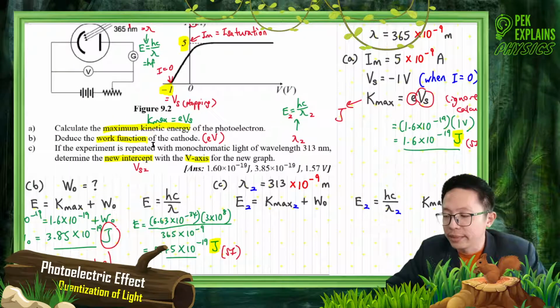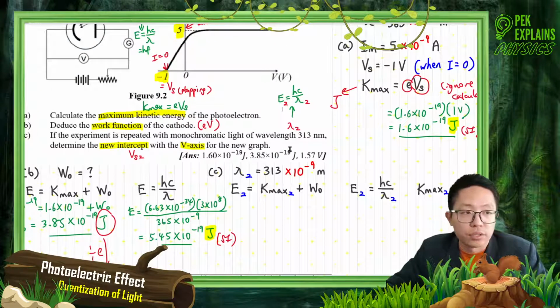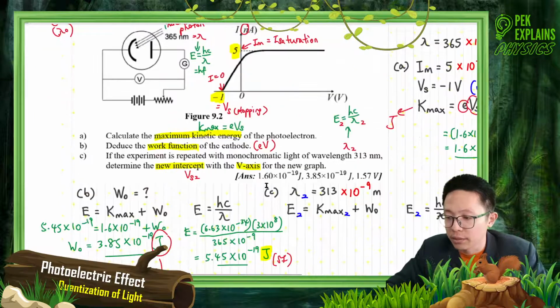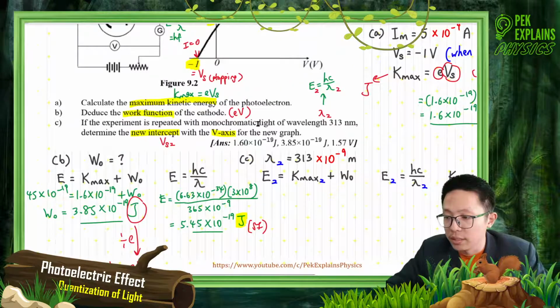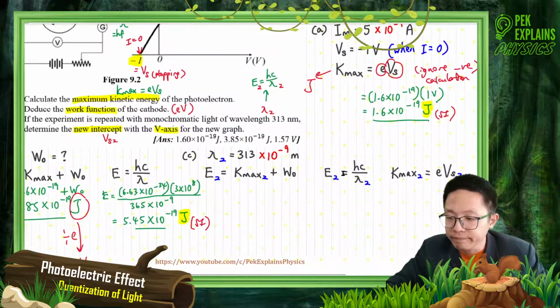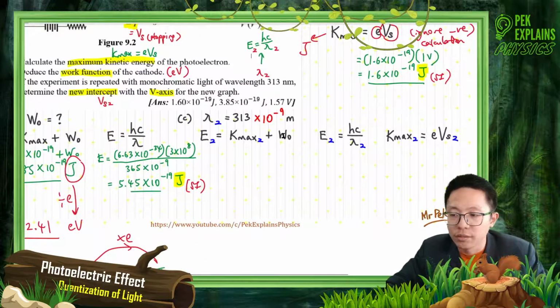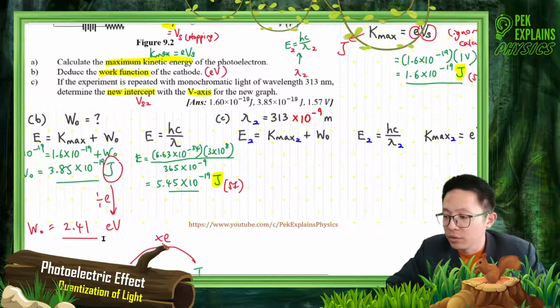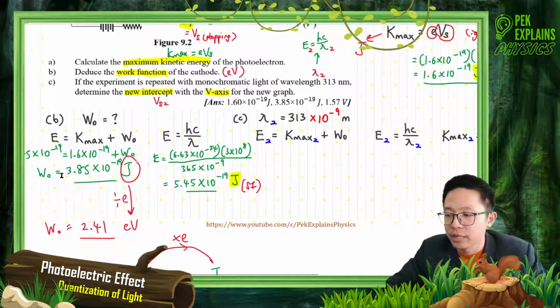But this one still maintains the same metal, right? So the work function is still constant because you are still using the same cathode. So you can use back the work function value from just now, 3.85 exponent negative 19, because you still use the same cathode.